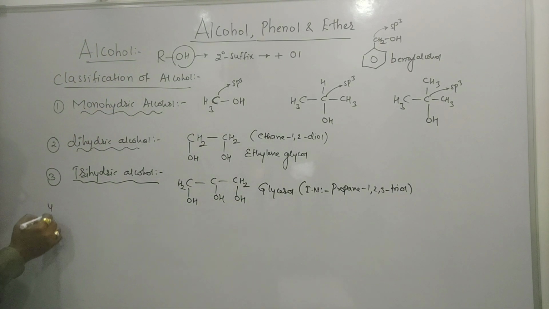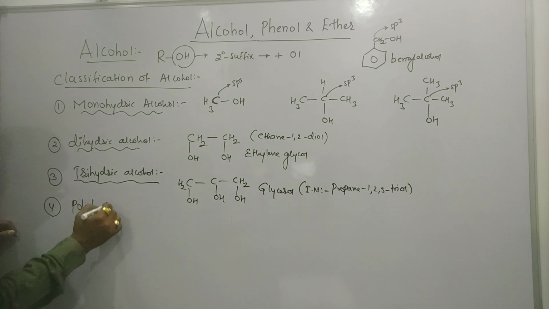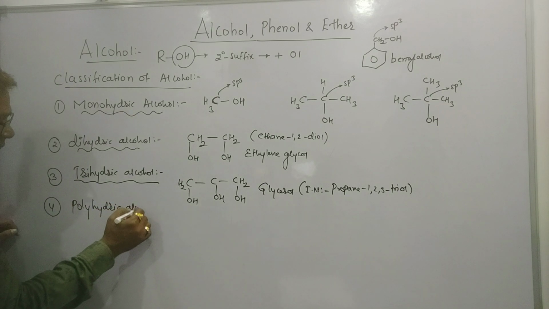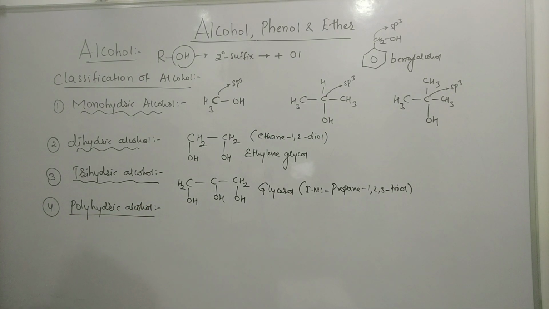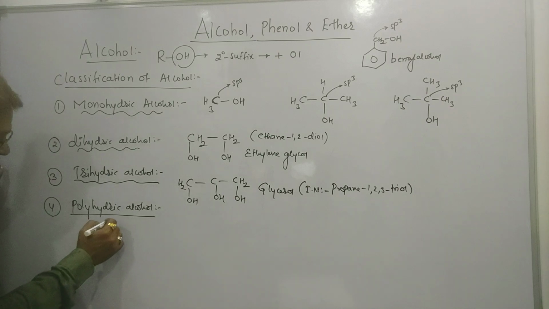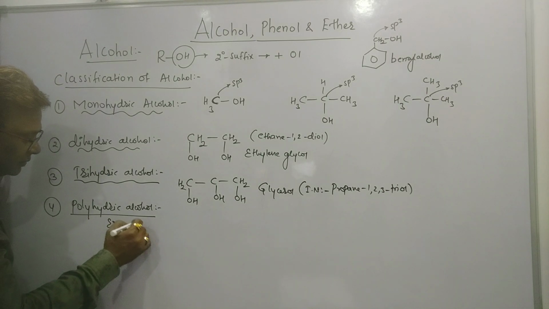At the same time, polyhydric alcohol. I will discuss the polyhydric alcohol. Poly means more than 3. It may be 4, it may be 5, it may be 6 and so on. Here, as an example, I will tell you that sorbitol and mannitol are called hexahydric alcohols.